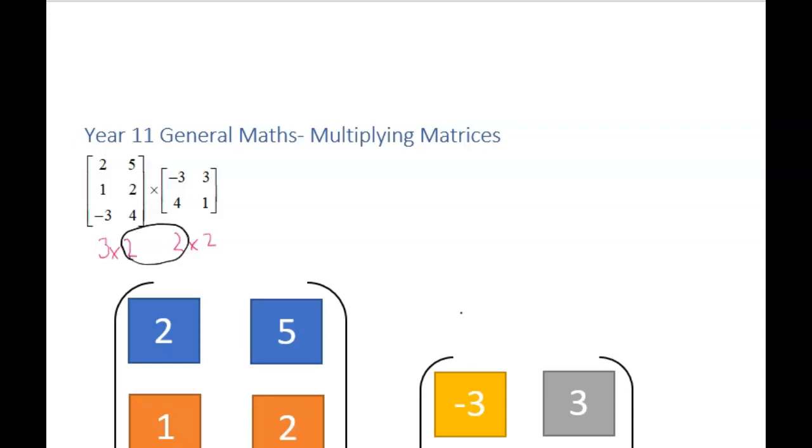Now your product matrix, okay, so product just meaning what you get when you multiply things. Sorry, the order of your product matrix is given by the two numbers on the outside. So this one's going to be a 3 by 2. So you can see this first matrix, it's going to look similar to that because that's a 3 by 2 as well. Okay, it's just coincidental. It's not always going to be the same.